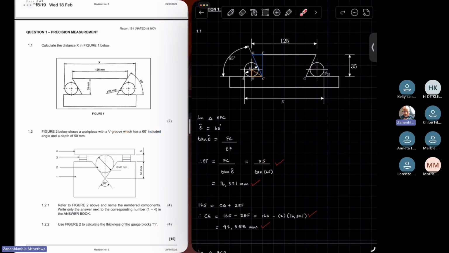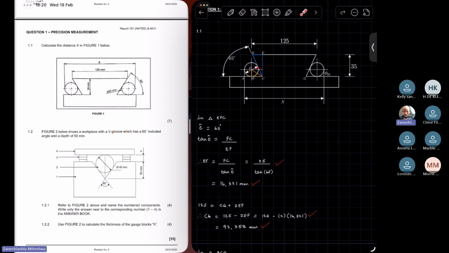That is why it is important that you understand how you approach problems based on precision measurement. That's why I explained concepts like the meeting of two tangents. If you have a roller and there are two tangents meeting at a common point, how you get to use those two tangents.